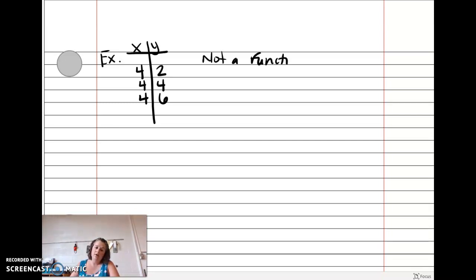All right, let's look at this one. 4, 2, 4, 4, and 4, 6. I say this is not a function because there are repeats in the domain.